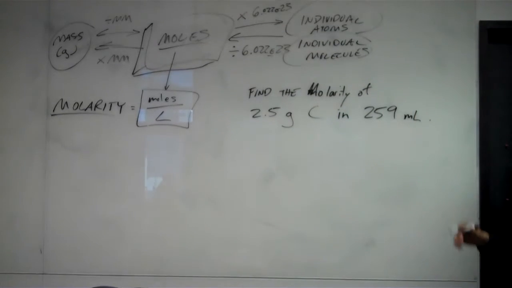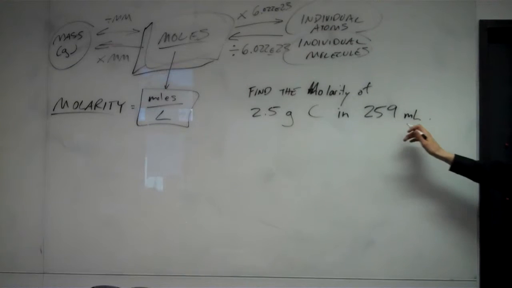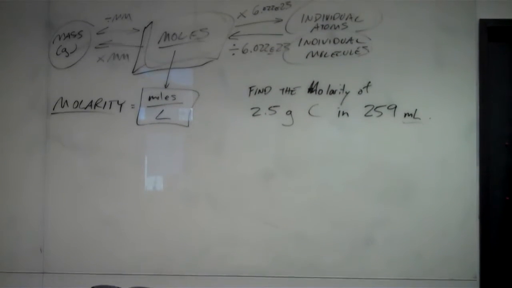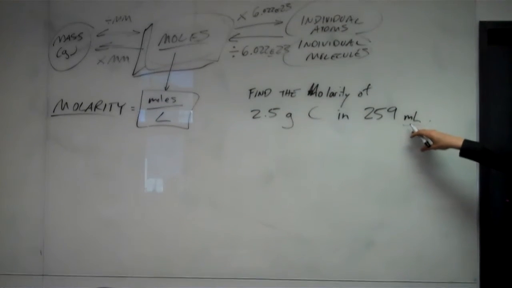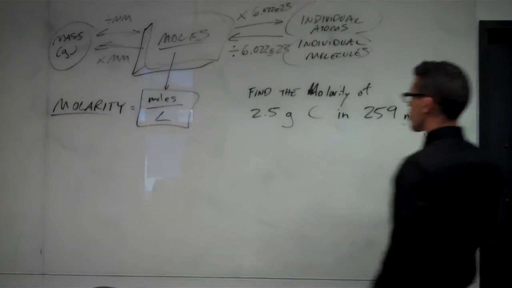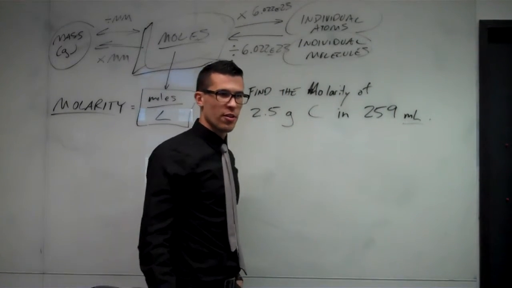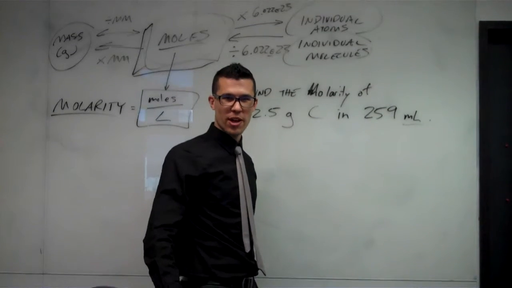In this many milliliters. In this case, I'm adding even another layer of challenge by making this milliliters, because when you see milliliters, you've got to change that directly into liters. Three to the left, right. So when you see that, you should have this knee-jerk reaction. You know what a knee-jerk reaction is?